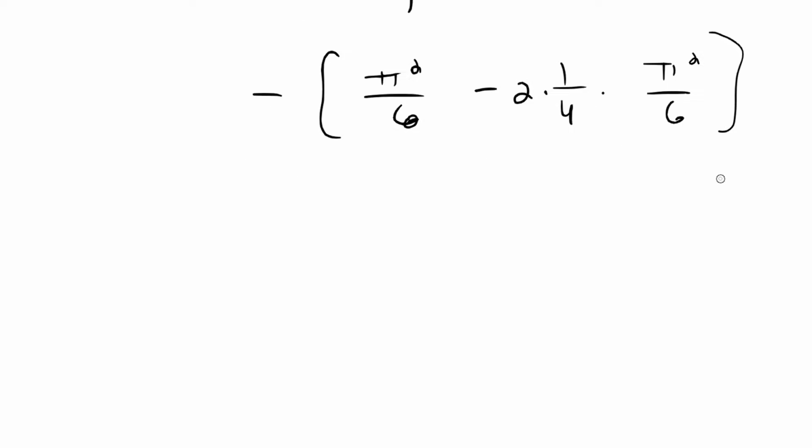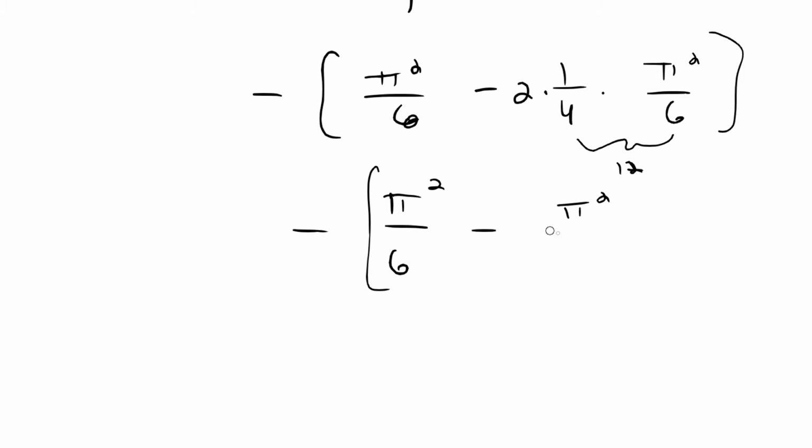And now, for the big finale, we get this to be equal to pi squared over 6 minus, and we can do the math: 4 times 6 is 24, divided by 2 is 12. So we get pi squared over 12, and this overall is equal to negative pi squared over 12.